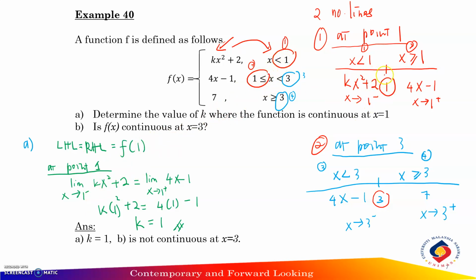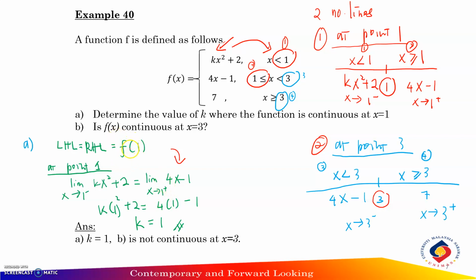Based on this number line, at point 1, x approaching 1 from the left gives kx squared plus 2, and x approaching 1 from the right gives 4x minus 1. Then we write in the form of limits. We will have the limit of kx squared plus 2 as x approaches 1 from the left equals the limit of 4x minus 1 as x approaches 1 from the right.